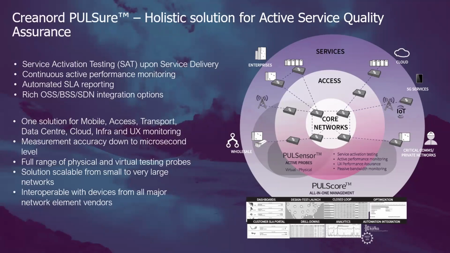We have both physical and virtual probes supporting these tests with a central Pulse Score reporting system, which can provide you the reports or automate it through APIs, as Miika was describing, for fully automated solutions. In addition to that, you can also augment it with all sorts of active monitoring and user experience monitoring features as well.